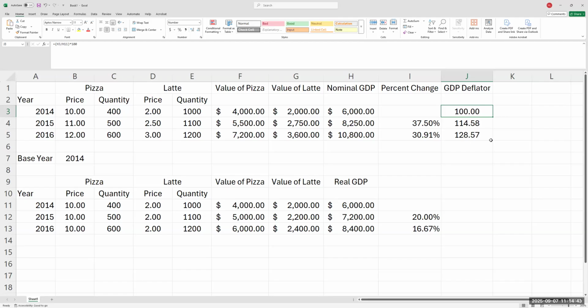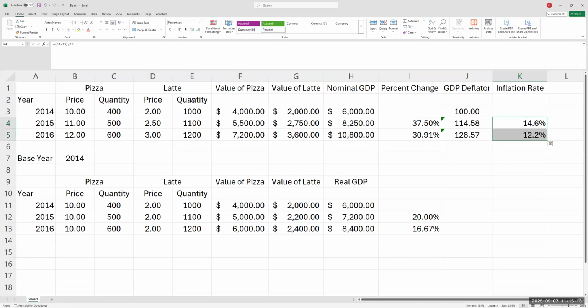Well, how much is it going up by? So let's calculate the inflation rate. The inflation rate is the new GDP deflator minus the old, divided by the old. Let's calculate that real quickly here.